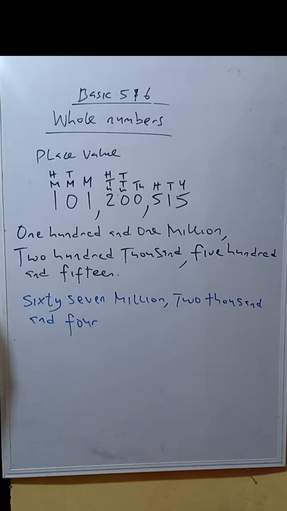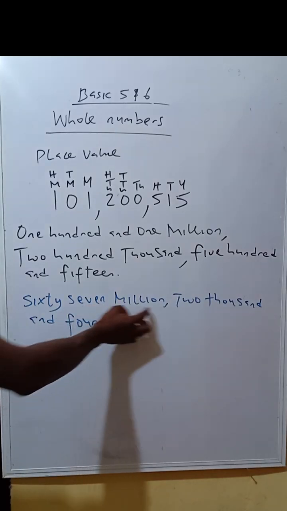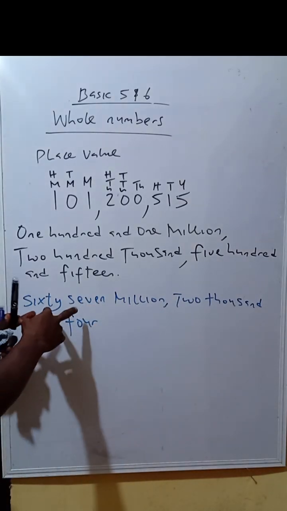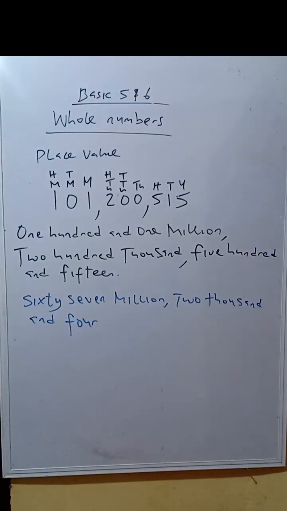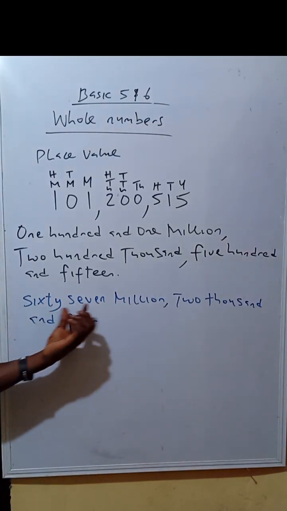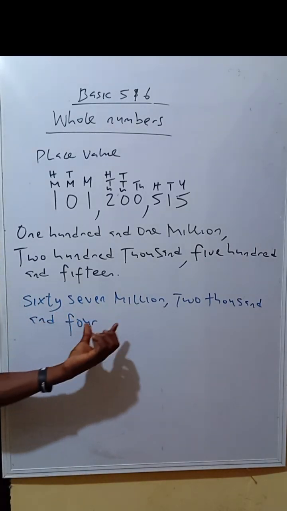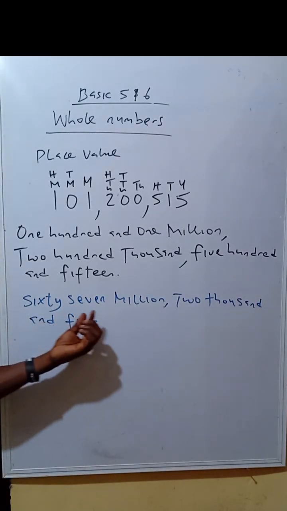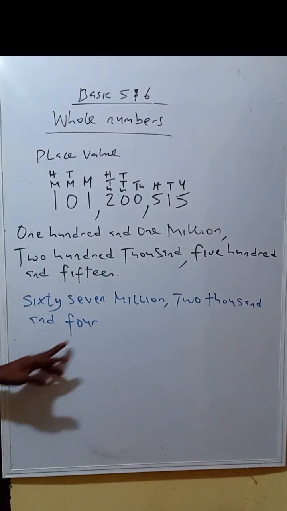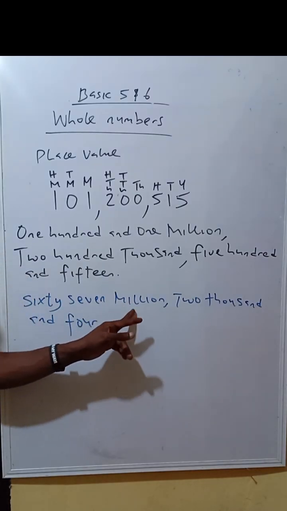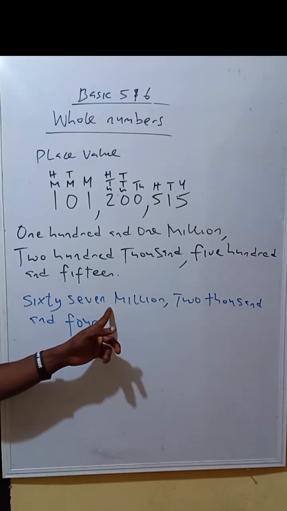So what do you do? Since you have 67 million, tens of millions, that's the greatest place value. So it means that this place value will end in tens of millions. It will exceed million because you have 67.